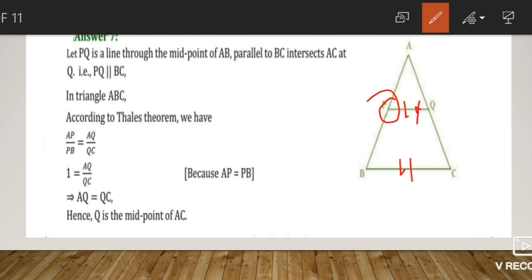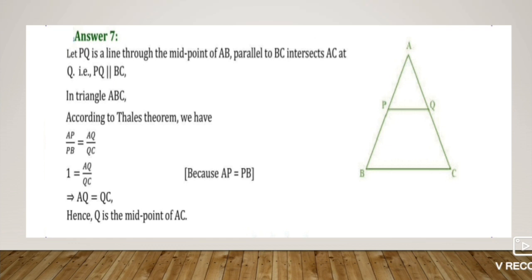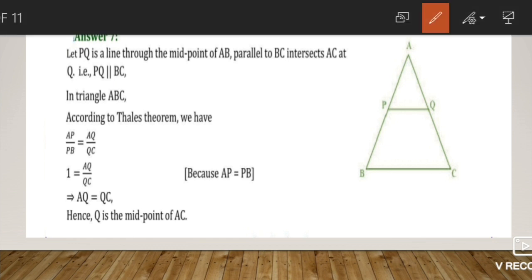And PQ intersects AC at the point Q. That means the condition is P is the midpoint of AB and PQ is parallel to BC. Now you have to prove that Q is the midpoint of AC.